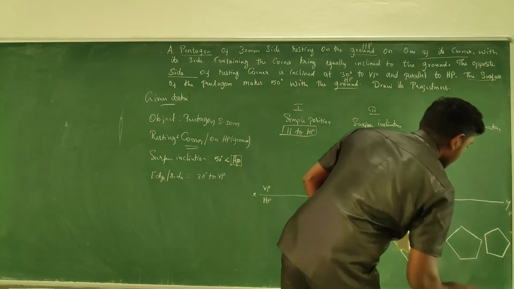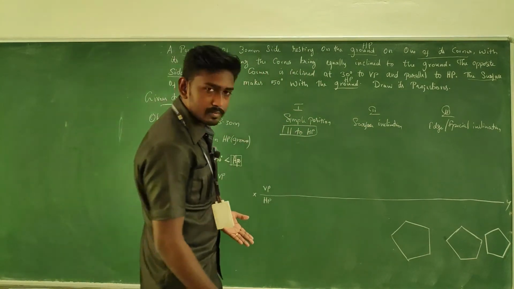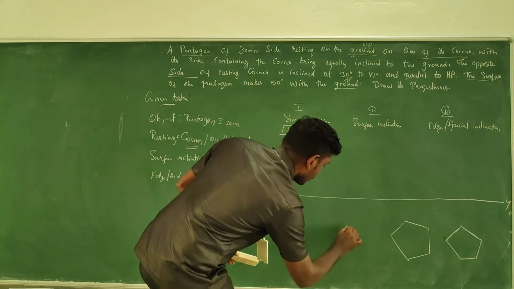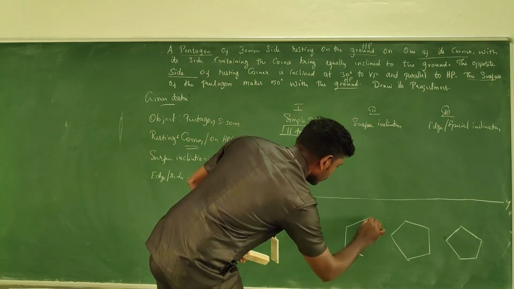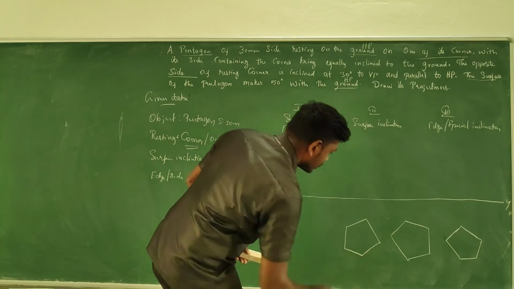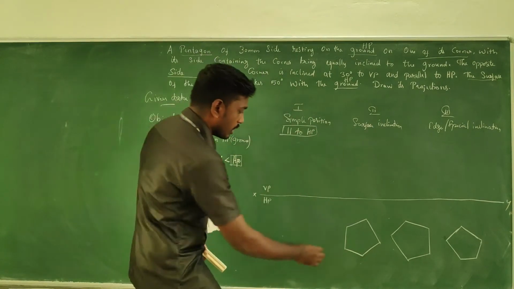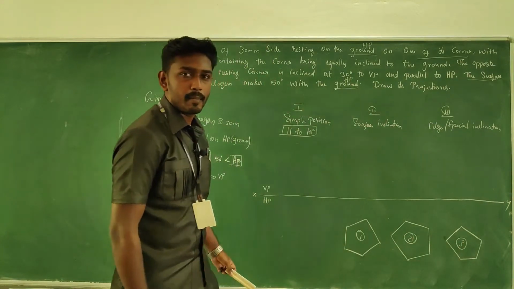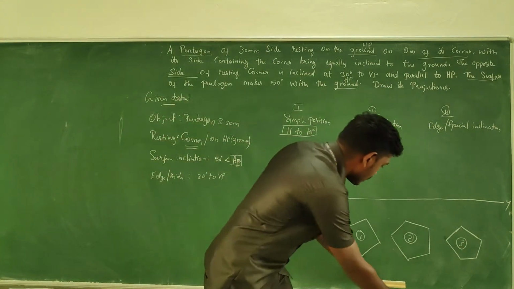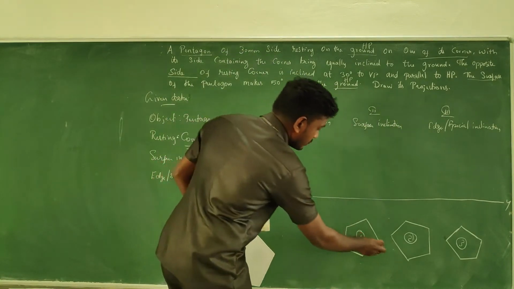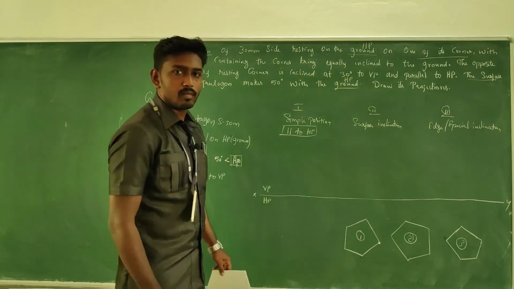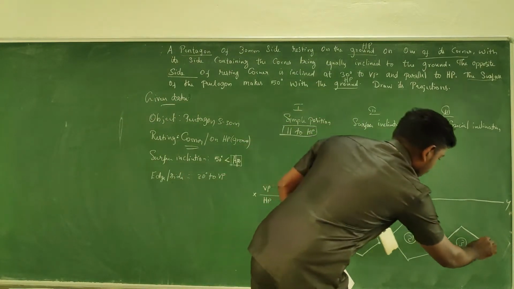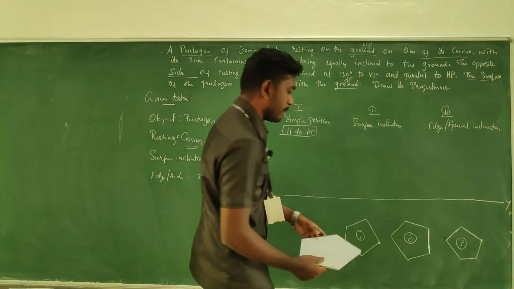These all the positions are possible. So this is 1, this is 2, this is 3. Here I am drawing. If I keep the object like this, or like this, or like this, what does it mean?